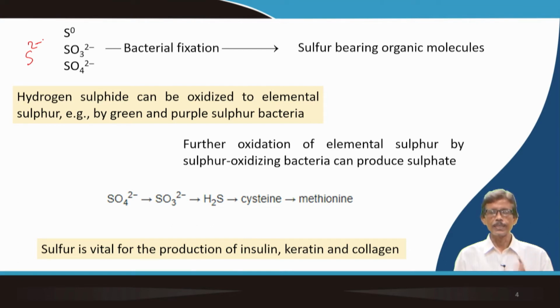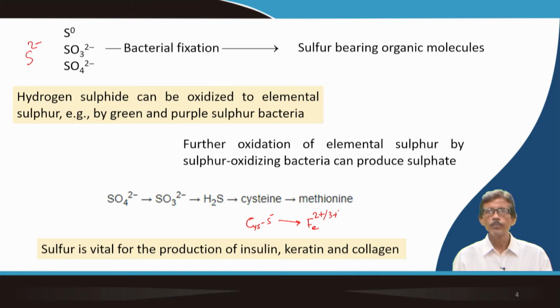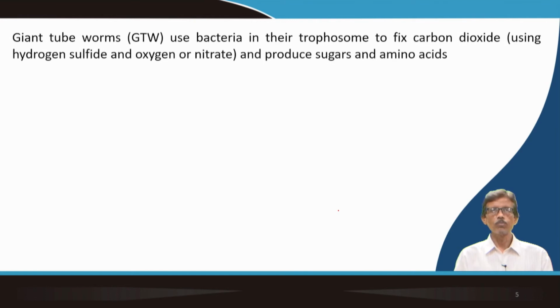The cysteine S minus is a very good ligand, and we know it can bind to Fe2 plus or Fe3 plus in the rubredoxin or ferredoxin system. That is why our system should be well matched to produce cysteine from sulfur 0 or sulfate, such that it can be utilized for rubredoxin or ferredoxin molecules.